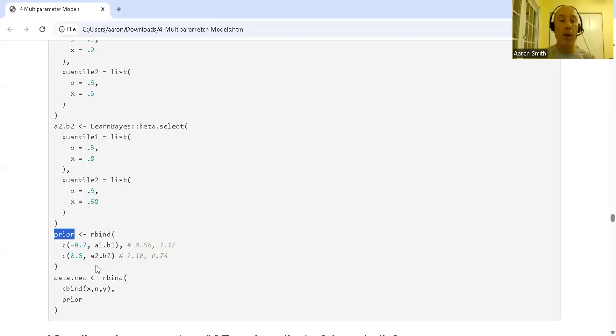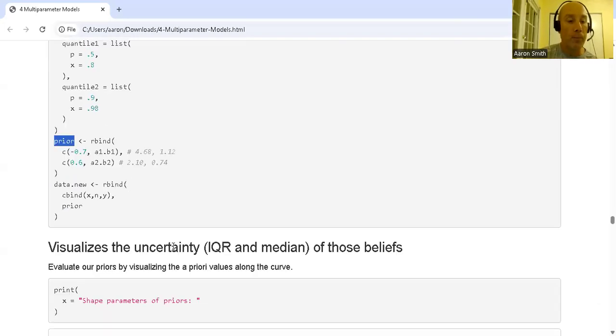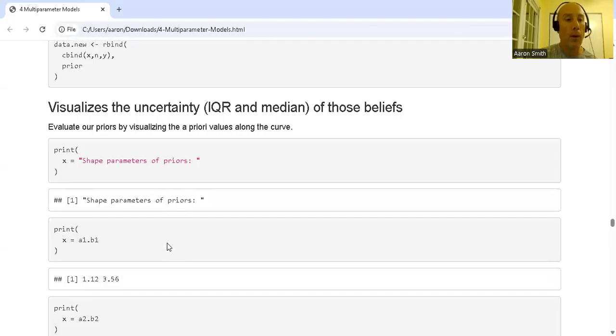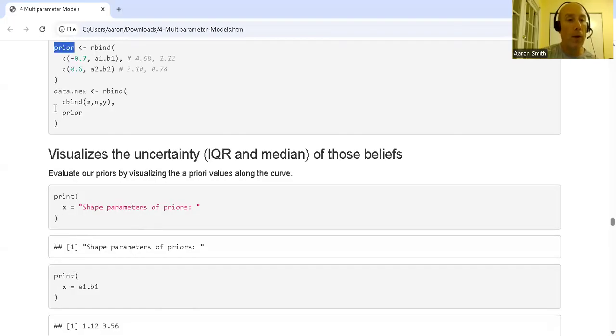I'm going to combine it with my data and then proceed forward to obtain what I actually want. Okay. And so here you can see that I'm taking my actual data and I'm appending my prior distribution knowledge onto it, and that is data.new.